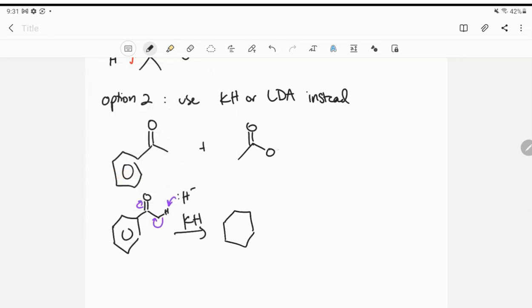Oh, this one needs to be the ester. What shall we have it be? How about we have it be, let's make this one an ethyl ester. So we've got our nucleophile all ready to go. Remember, this is just going to hang out here until we put in our ester.